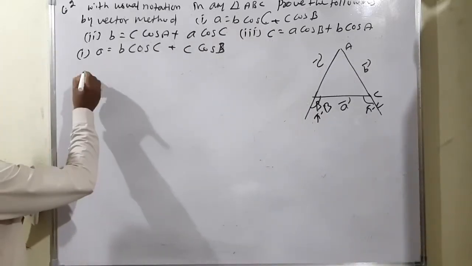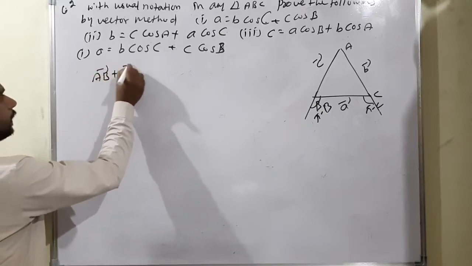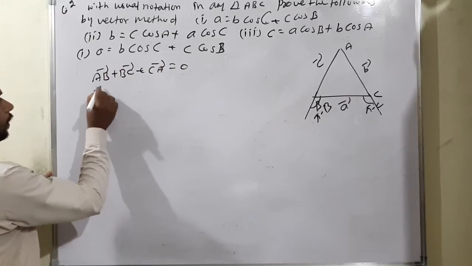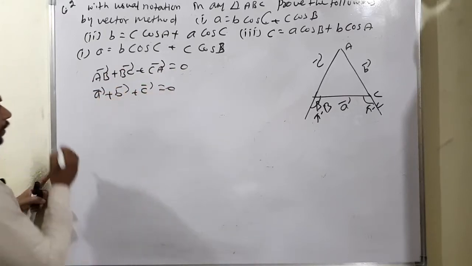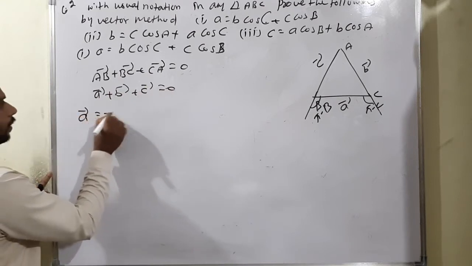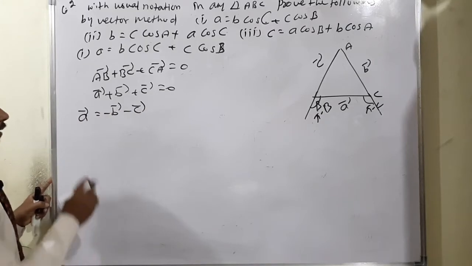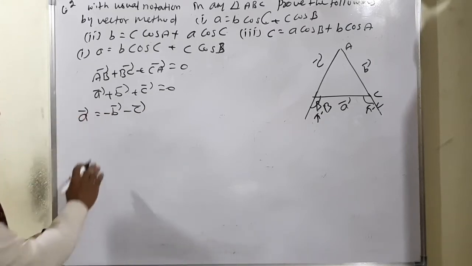Now look there. The same condition: vector AB plus vector BC plus vector CA is equal to 0, which means definitely a vector plus b vector plus c vector is equal to 0. Therefore, a vector is equal to minus b vector minus c vector. Now the 3 steps like example 6.1.